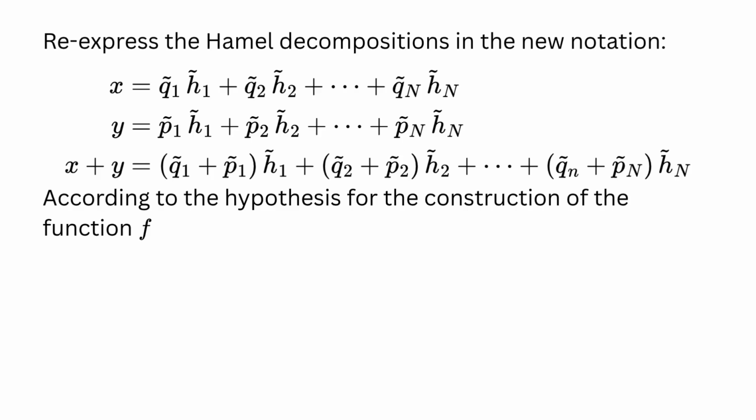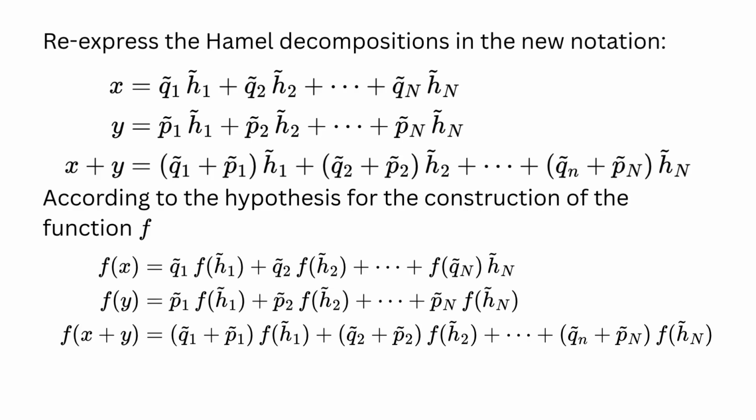Then, according to the hypothesis, the images of x, y, and x plus y are the corresponding linear superpositions of the images of the Hamel elements. By a simple comparison, we immediately see that f satisfies the Cauchy equation.